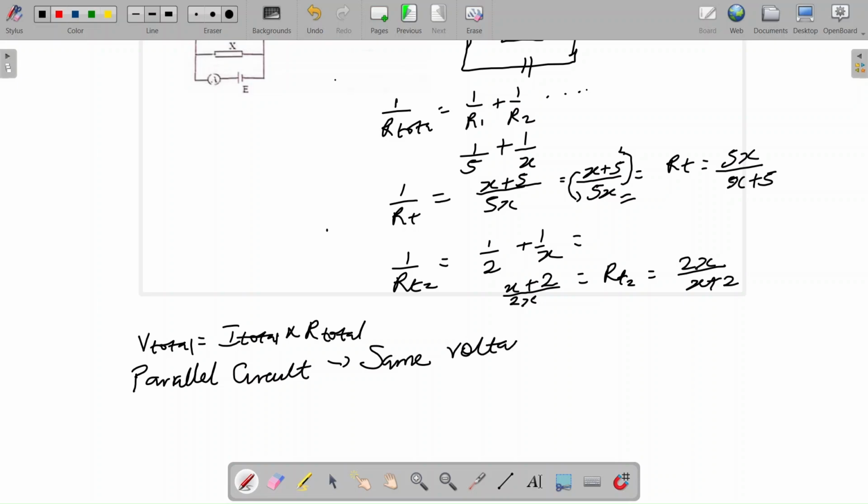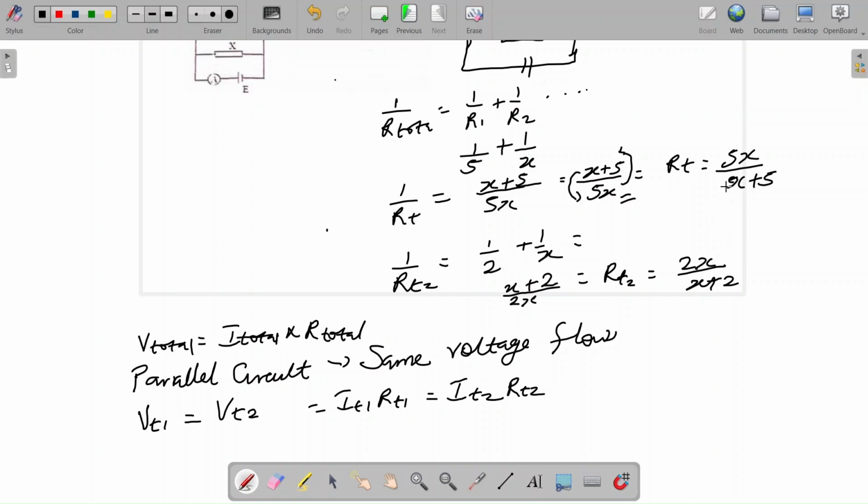So that means V total 1 equals V total 2, no matter what. So I total 1 times R total 1 is the same thing as I total 2 times R total 2. Do you get?